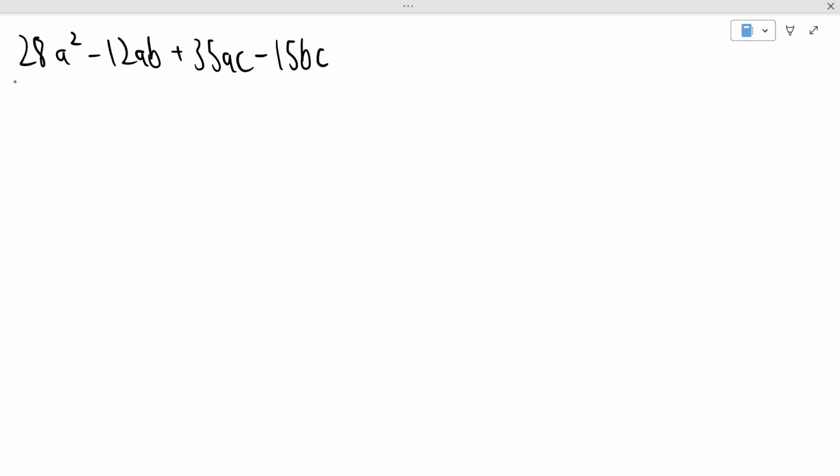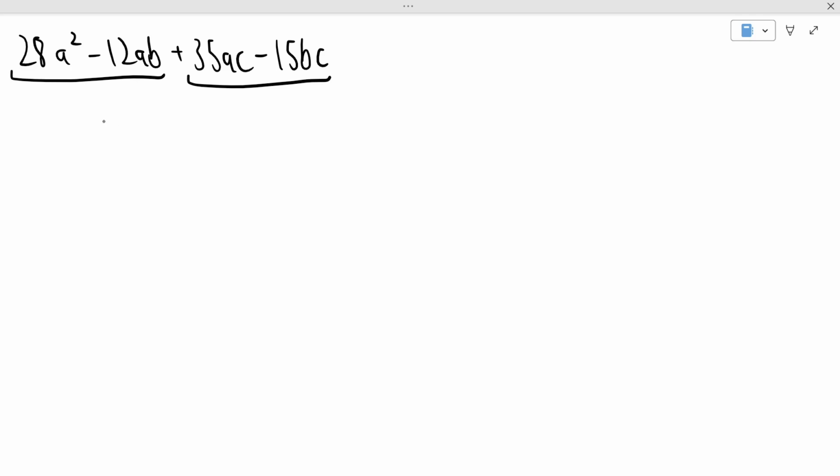Let's look at another example. The first thing to do when factoring by grouping is finding terms that have something in common. The first two terms, 28a squared and minus 12ab, have an a in common, so we'll put these two terms in a group. And the last two terms, 35ac and minus 15bc, both have a c in common, so we'll put these two in a group.